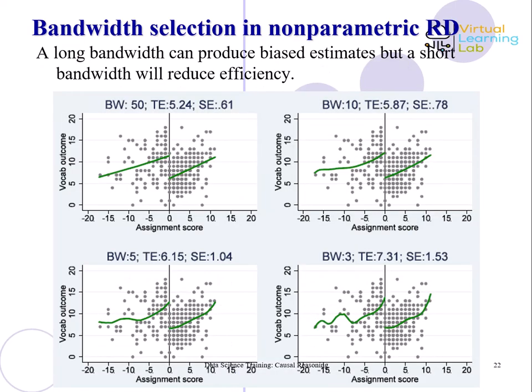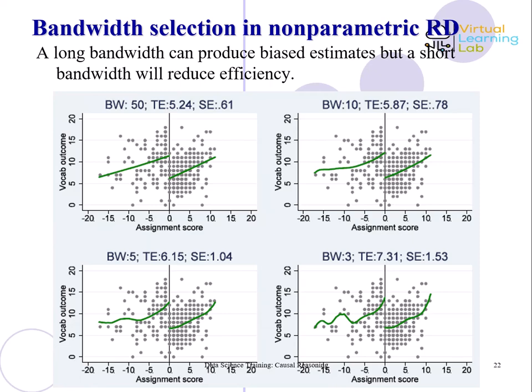So here is a plot showing relationships between bandwidth and efficiency. For example, in this first one, the bandwidth is 50, the treatment effect is 5.24, the standard error is 0.61. So this looks very linear, just like an ANCOVA model.